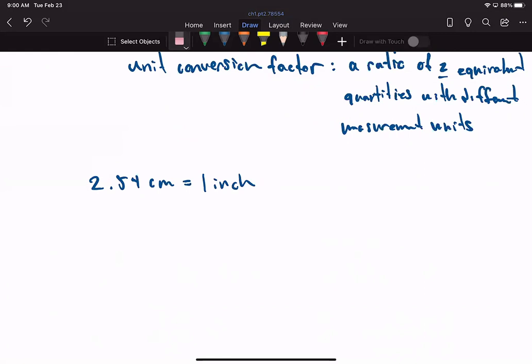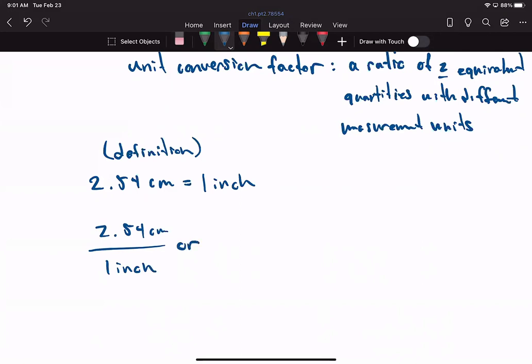This is what we're going to consider a definition. Our conversion factor is the ratio of this. If I put this into a ratio, I can write it as 2.54 centimeters over 1 inch, or I can write it as 1 inch over 2.54 centimeters.